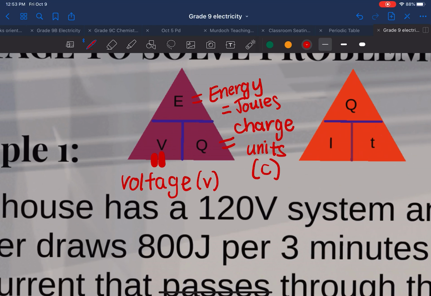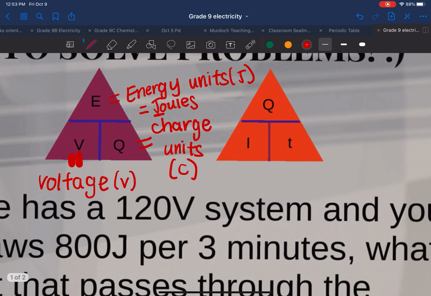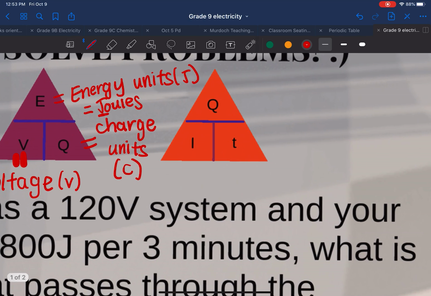A good way to remember this is saying energy, see, energy for joules is your units. So the units will be in J. In the current formula that we have here, we also see the letter Q. So these two are similar, and we will be using these numbers to go back and forth between these two different equations.